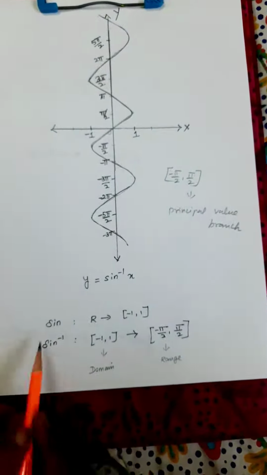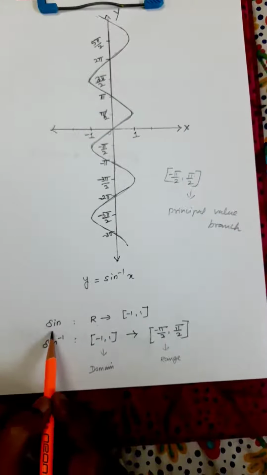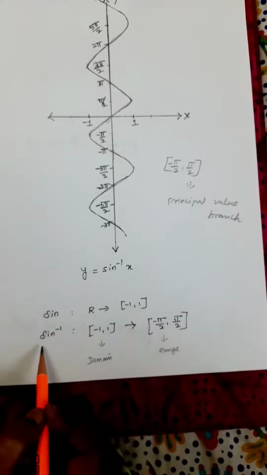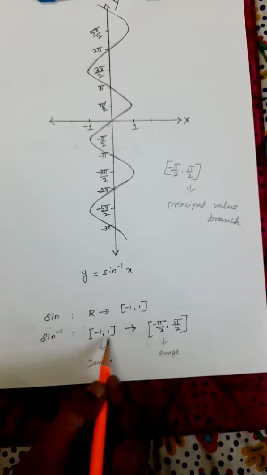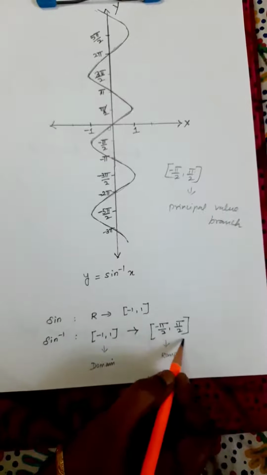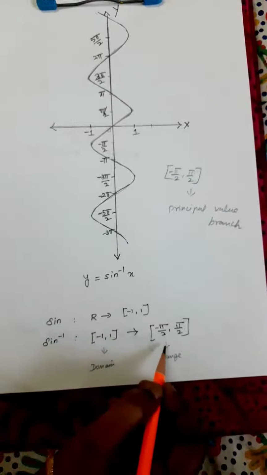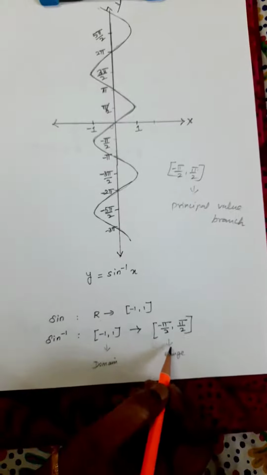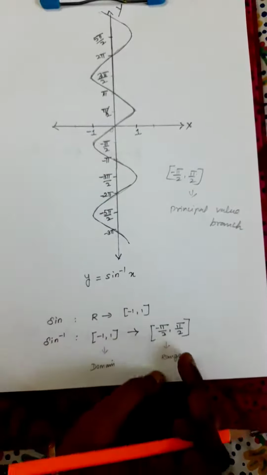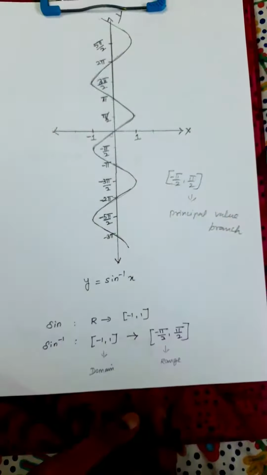So now the domain and range of the sine function is the set of all real numbers to minus 1 to 1, and sine inverse x is minus 1 to 1 to minus pi by 2 to pi by 2, because in this interval the sine function is both 1 to 1 and onto. Even in many intervals the function is 1 to 1 and onto, but we are restricting to this range, and that is called the principal value branch.